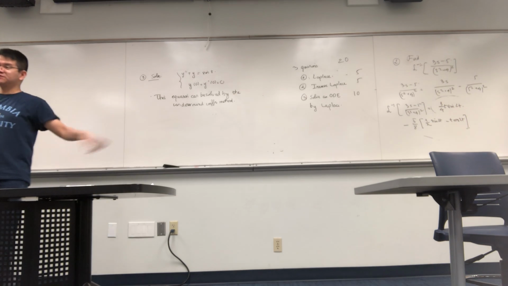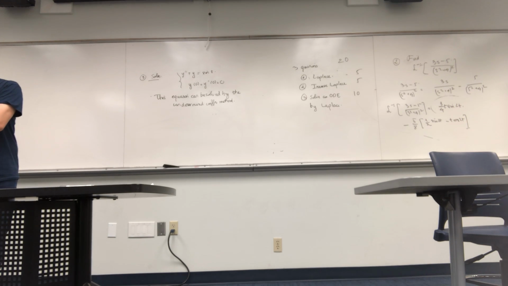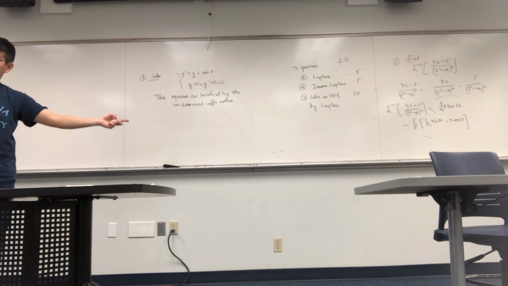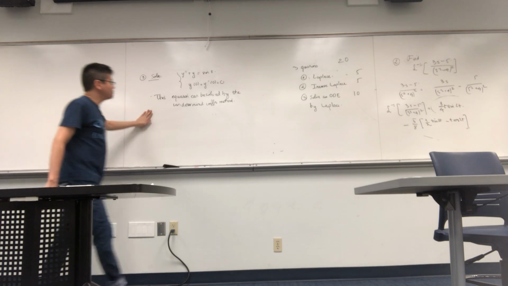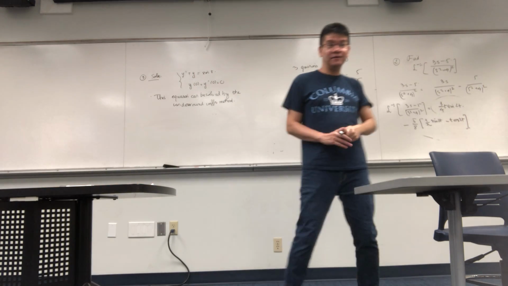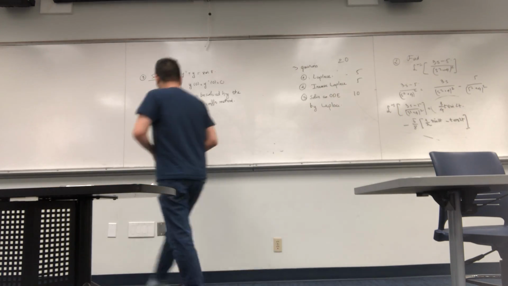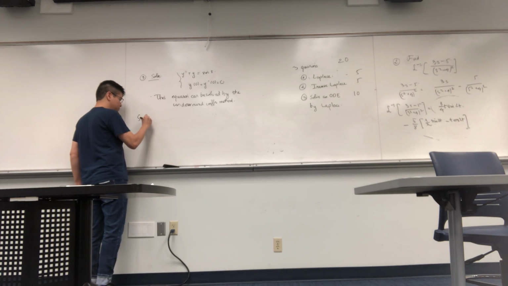So this one can be solved by the undetermined coefficient method, which means that first you have to find the particular solution, and then you solve the homogeneous equation and you take a sum, right? But here we solve by the Laplace transform, right?